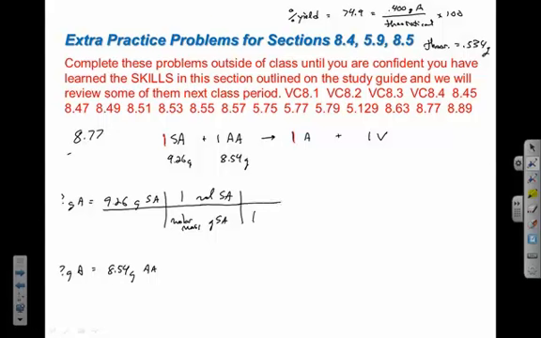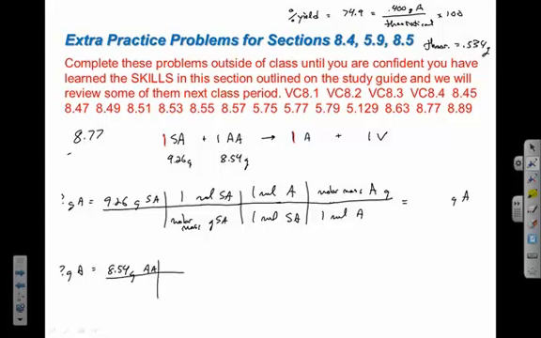Then I would use the balanced reaction to convert moles of salicylic acid to moles of aspirin. Then I would use the molar mass of aspirin to cancel the moles and get to grams. So that will give me grams of aspirin. Then I would do the same thing for the acetic anhydride. I would use the molar mass of acetic anhydride in grams of acetic anhydride per mole of acetic anhydride.